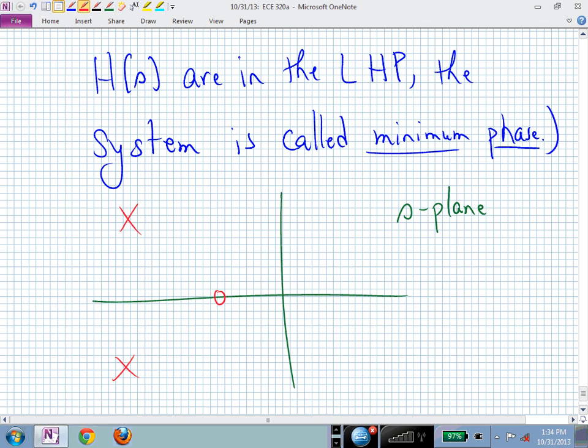We can find that frequency response magnitude by examining the contribution of the poles and the zeros as we walk up the imaginary axis. The frequency response is going to be found from our transfer function H of s when we replace s with j omega and evaluate for different frequencies omega.